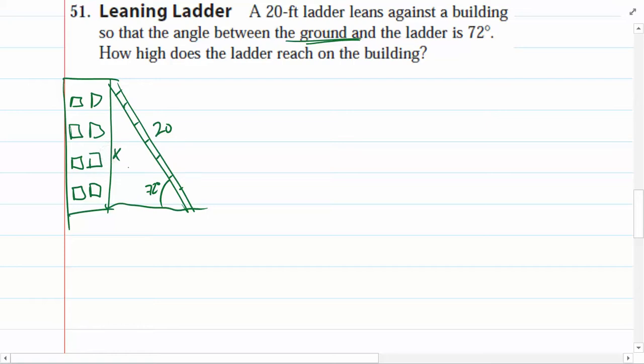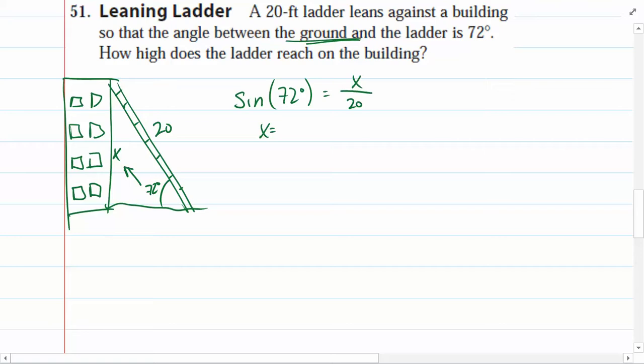Well, according to our angle measure, x is an opposite side and 20 is the hypotenuse, so I can use the sine or the cosecant rule. I'm going to use sine here. Sine of 72 degrees must be equal to the opposite side, which was x, divided by the hypotenuse length, which was 20.